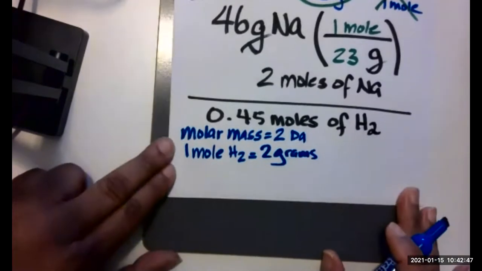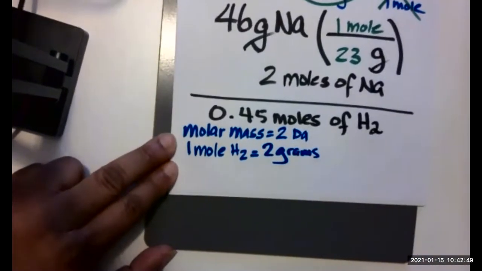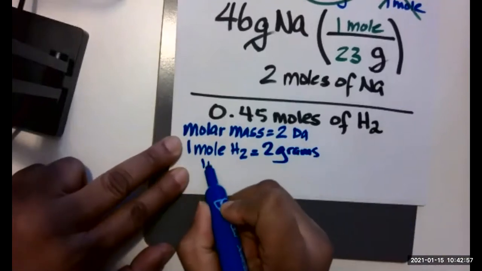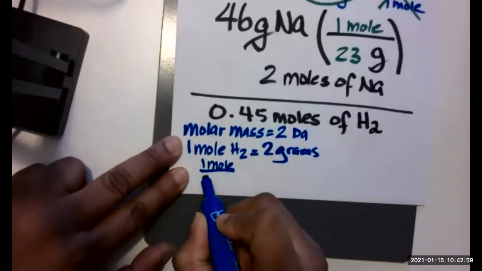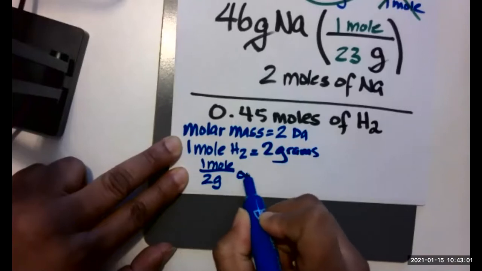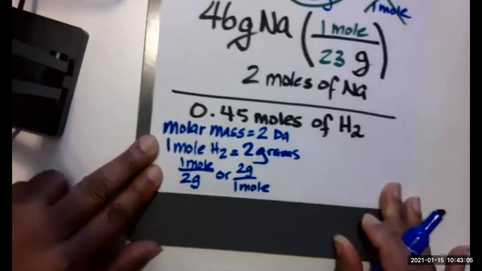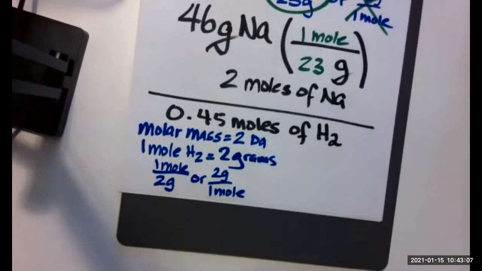Charlie, what are the conversion factors? Could be 1 mole over 2 grams, or 2 grams over 1 mole. Good. All right. Wesley, how do I solve it?